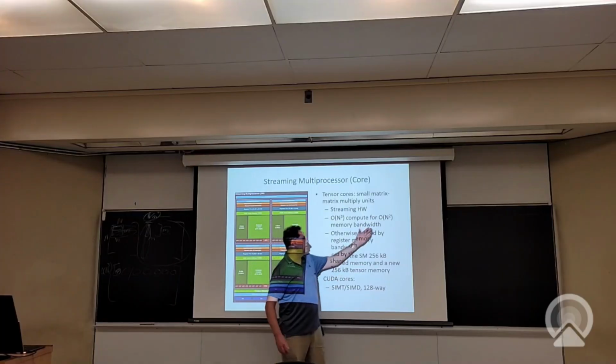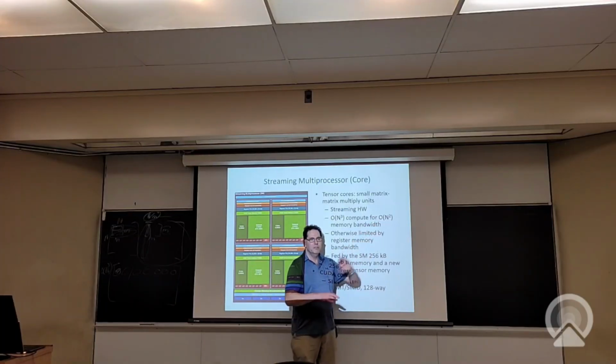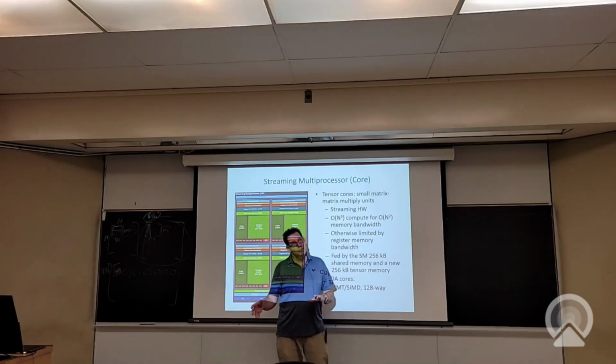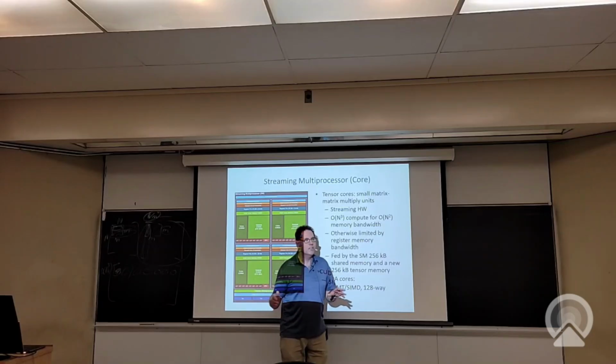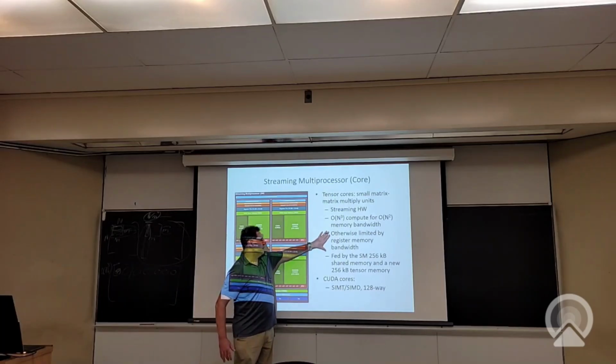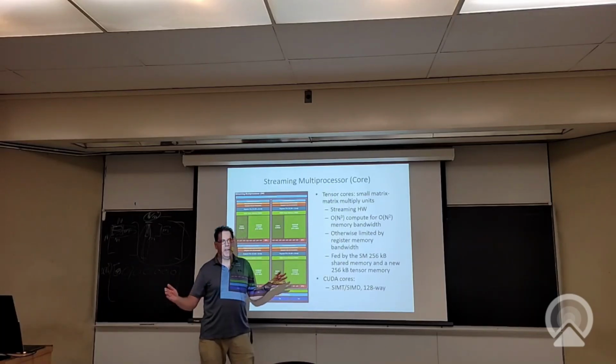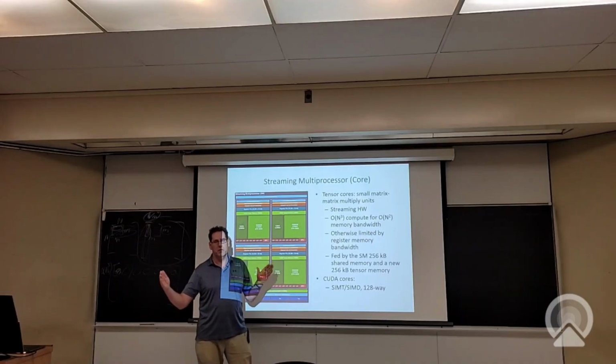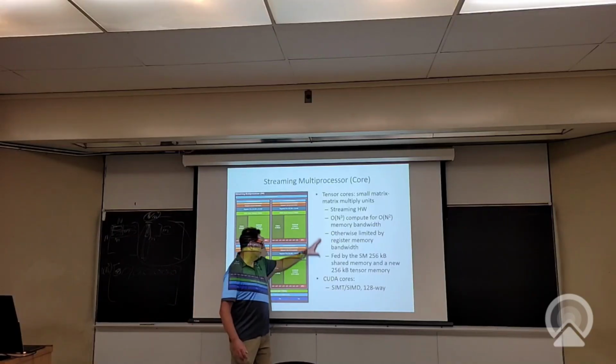They just have to feed, for example, 64 numbers for each of 2 matrices, and they can do 8 times 8 times 8, which is something like 4,000 operations. So they get a lot of data reuse. It avoids them being limited by their register memory bandwidth, which is very expensive to expand. If they wanted 8 times as much register memory bandwidth, that's a very expensive thing to do. So this is much more efficient.